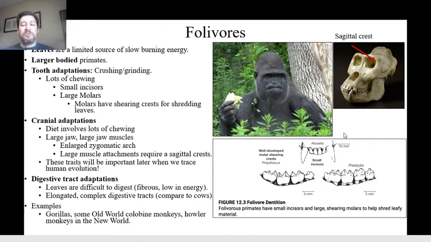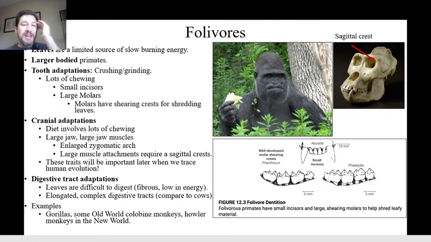And if you're wondering about how this works, you can feel your own zygomatic muscle. So one thing I always recommend when we're in class is that you put your hand right here. This is where your zygomatic arch is, here in your cheekbone. Put your fingers here and then clench your jaw as if you were chewing gum.